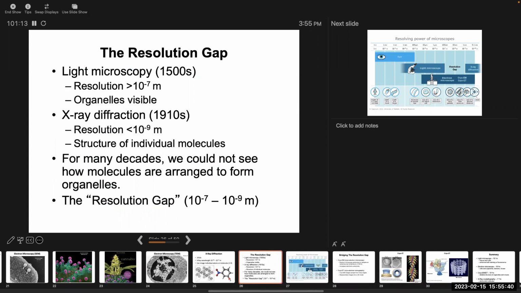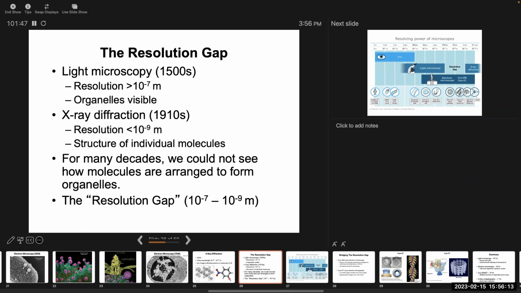So for much of the 20th century, scientists were faced with this unusual problem called the resolution gap. That meant that we could see things that were kind of big and we could see things that were really, really small, but we couldn't see things in between. Light microscopy, which had been around for centuries, allowed us to see things down to about 10 to the minus 7 meters. So you could see cells, you could kind of see organelles, but not very clearly.